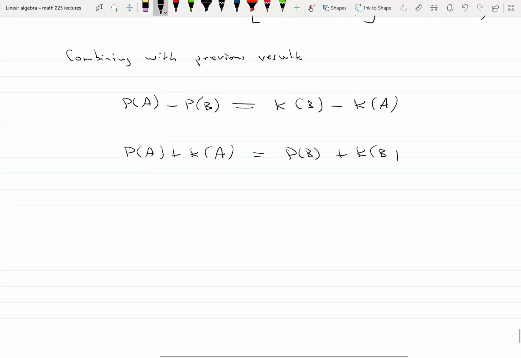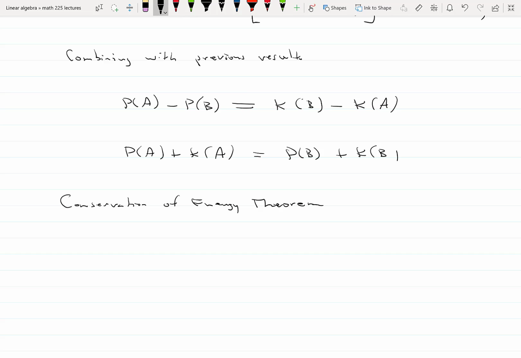What do we have? This is called the conservation of energy theorem. It doesn't work for every force.